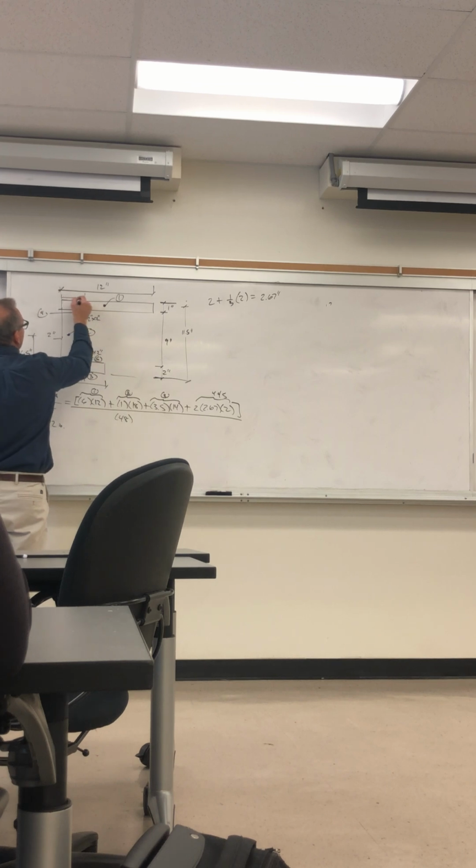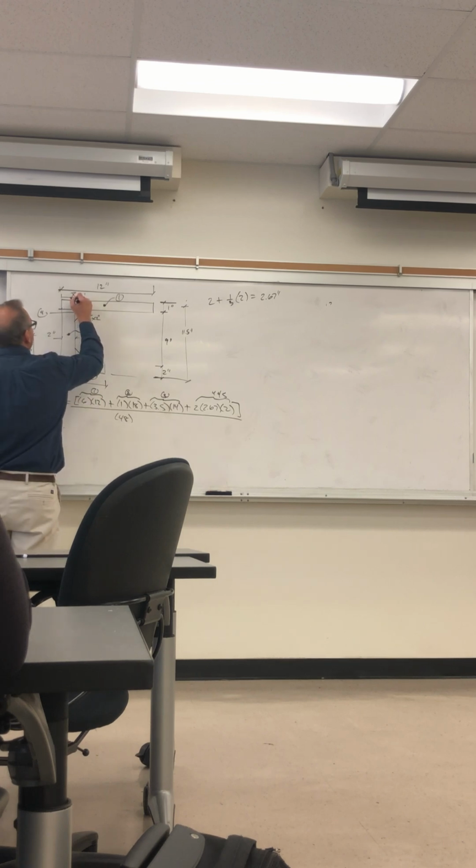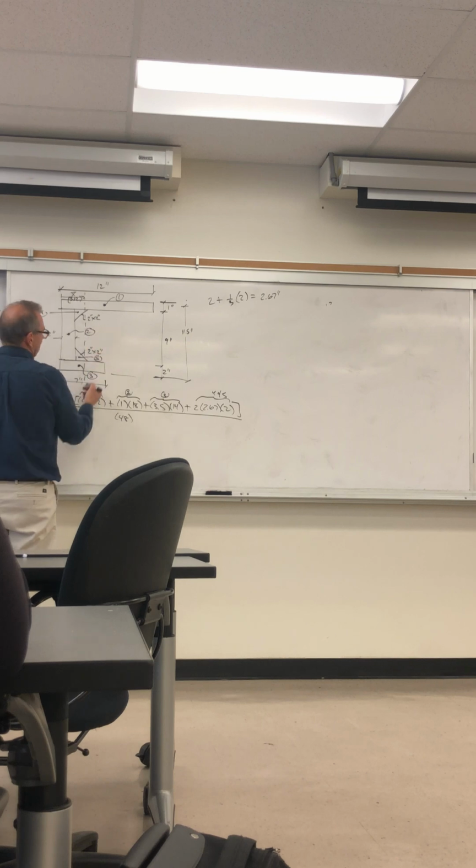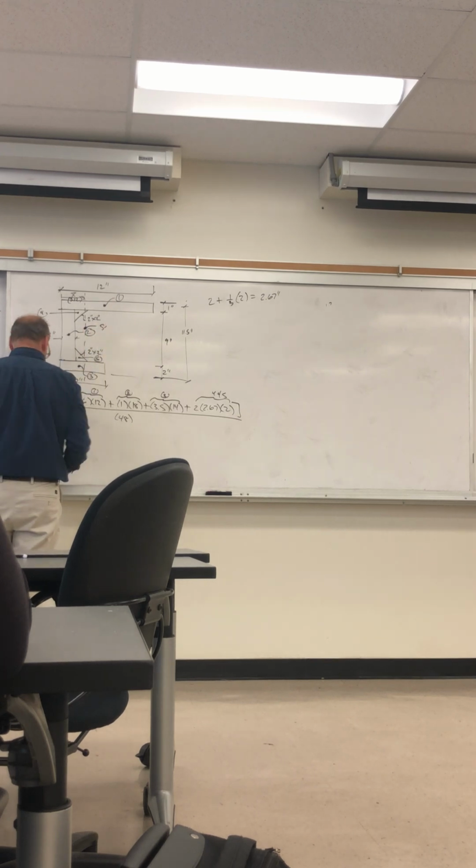This is X bar, 3.12. And then vertically, let's see, this is 2 inches, I think it's about here. Sections, composite section centroid.